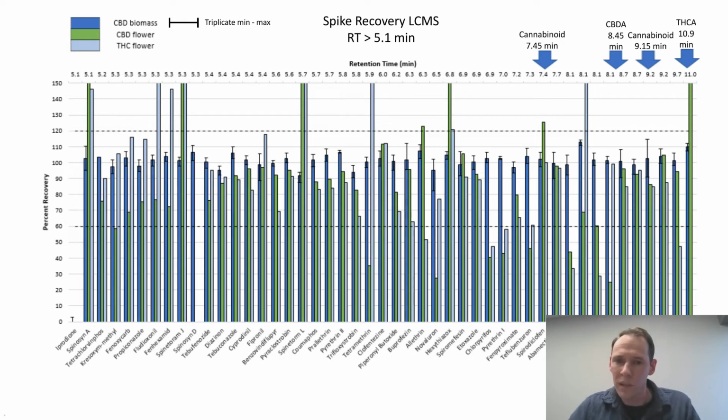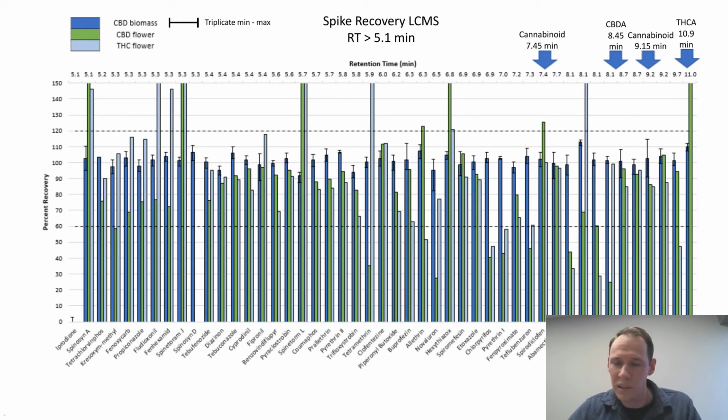My interpretation is that this is due to matrix suppression and enhancement effects in the LCMS, which are going to depend on the actual strain. This makes sense given that non-polar co-extracted matrix components, such as the cannabinoids, are expected to elute in this part of the run, as opposed to the earlier part of the run shown on the previous slide, where the percent recoveries were quite good for all 3 of the matrices.